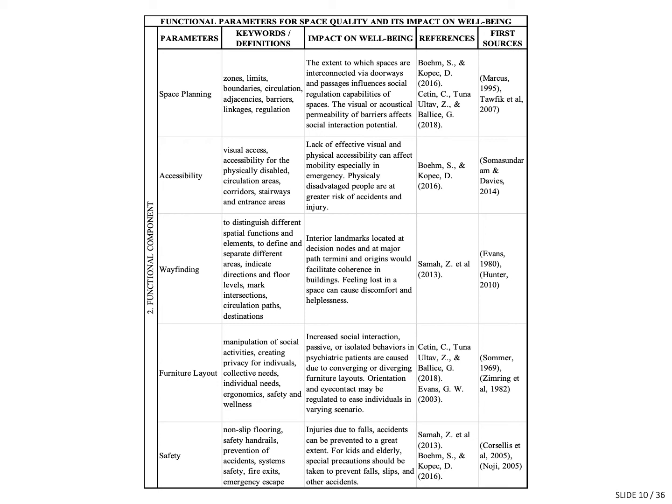Furniture layout also has an impact on well-being, as it is used to regulate social interaction and orient people, so that social activity can be generated, encouraged, or discouraged based on the usage of the space. And safety also has an impact on well-being, like accidents, slips, falls, and other injuries related to different safety issues.